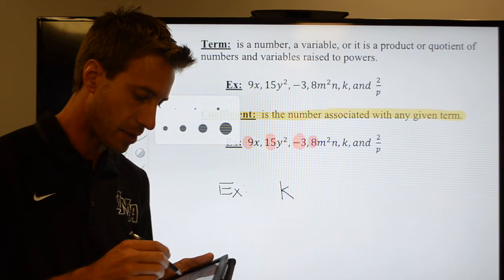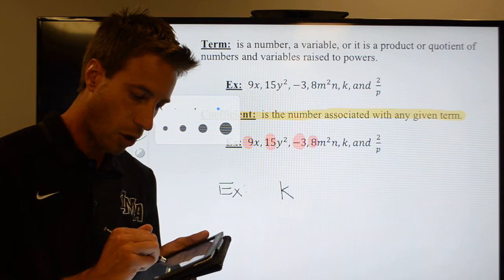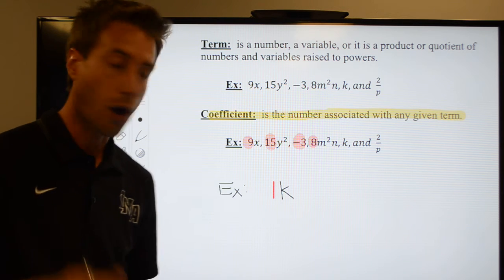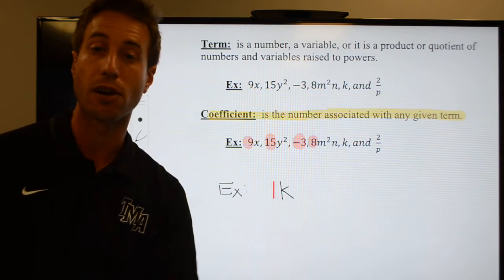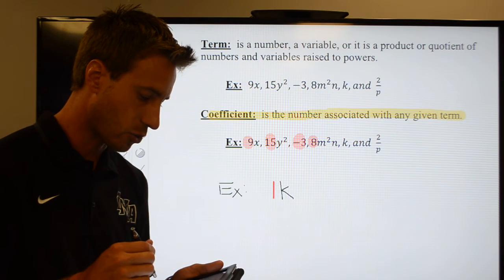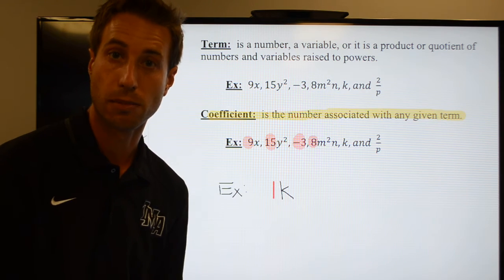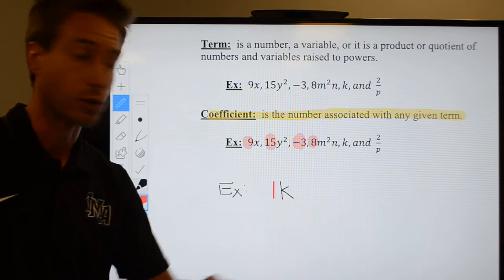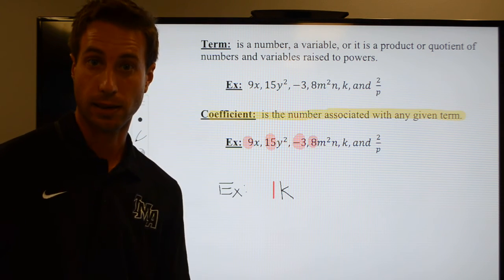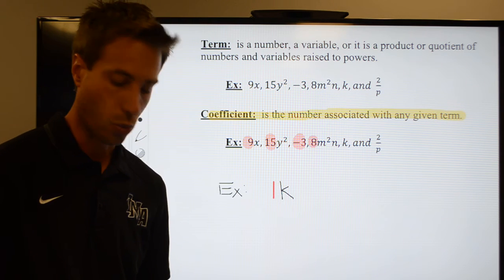Well, please remember that anytime you have just a variable, there is always an implied 1 in front of that variable. That will be your coefficient. So even if it doesn't look like there's a number out front, there actually is. There's a 1 that we just haven't written. But you still need to know that that 1 is there.